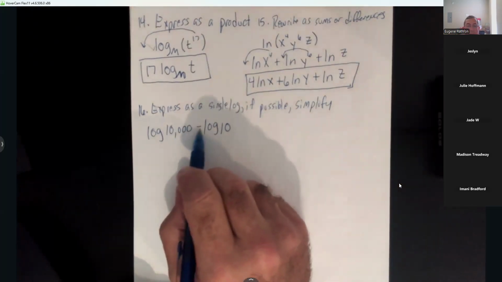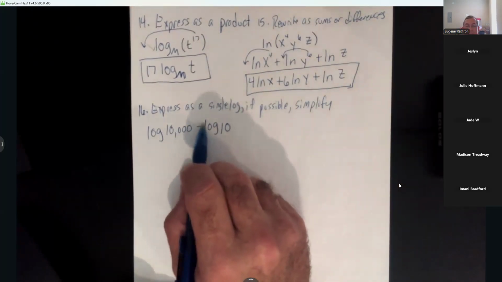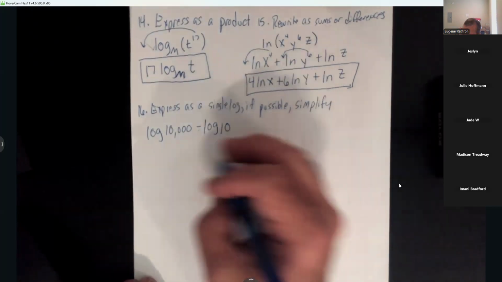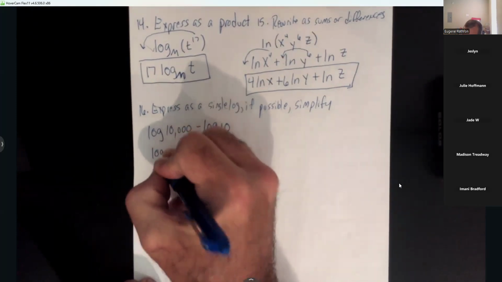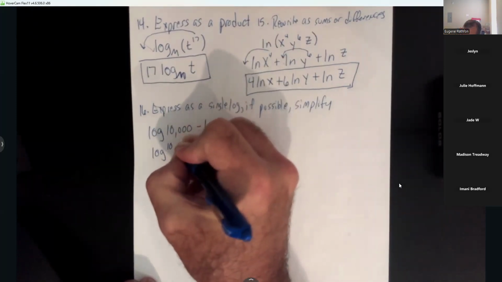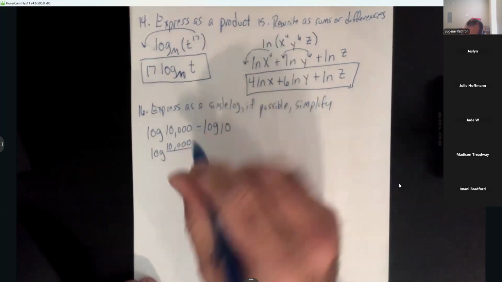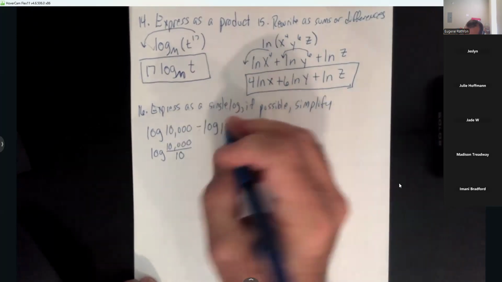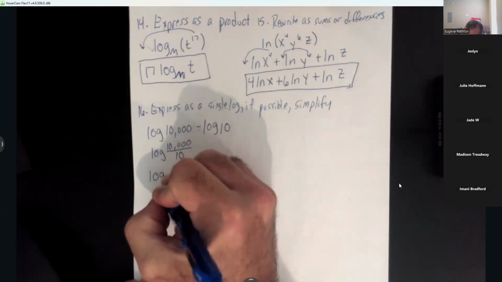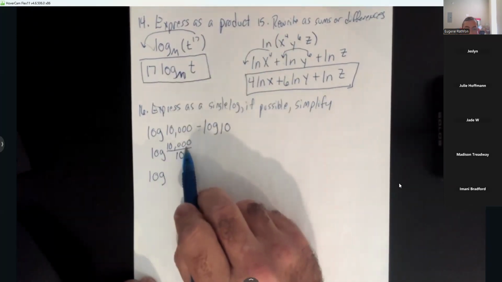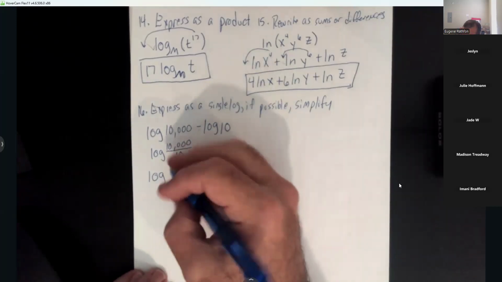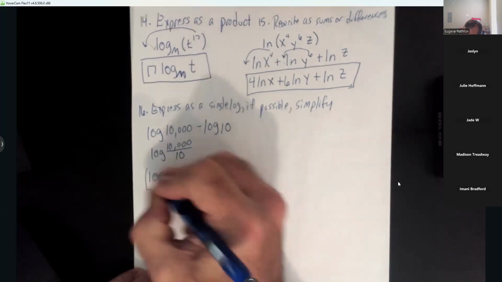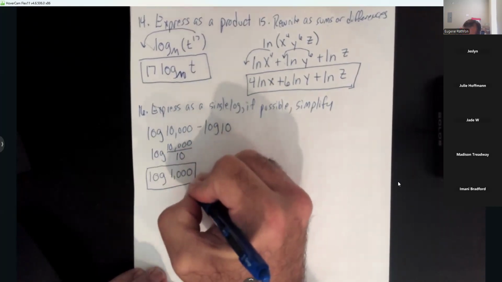So they're giving me subtraction. So when I rewrite stuff that's a difference, it's written as a quotient. So this will be log 10,000. And remember, the part always being subtracted went to the bottom. So that went to the bottom. Now, 10,000 divided by 10 leaves me 1,000. So that's the first answer it wanted, to be written as a single log.